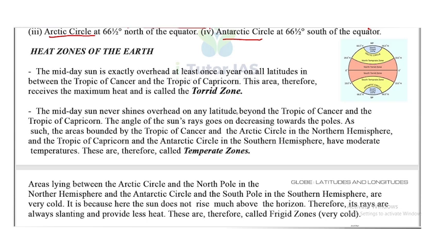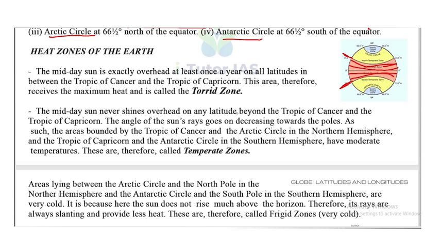Look, this is the Tropic of Cancer and this is the Tropic of Capricorn. There are so many latitudes between them, and on all of them the midday sun is exactly overhead at least once a year.